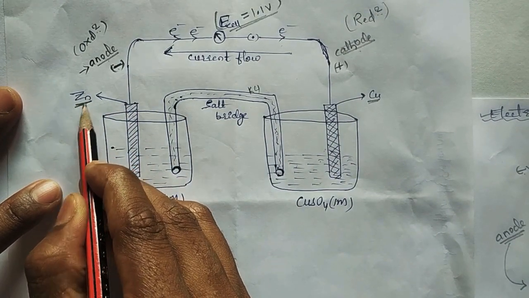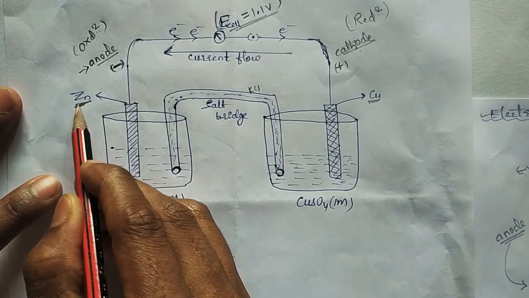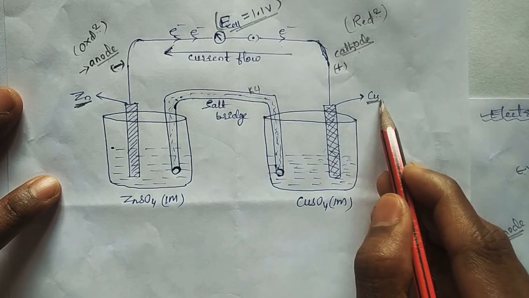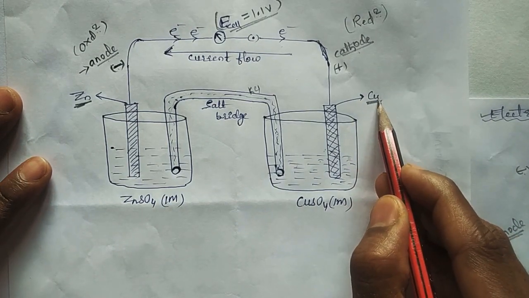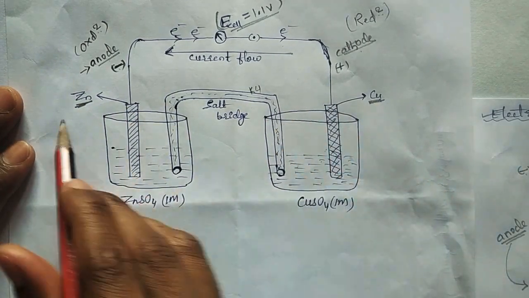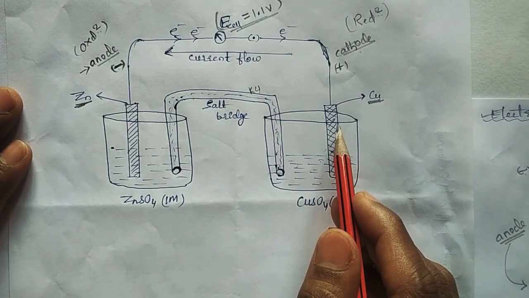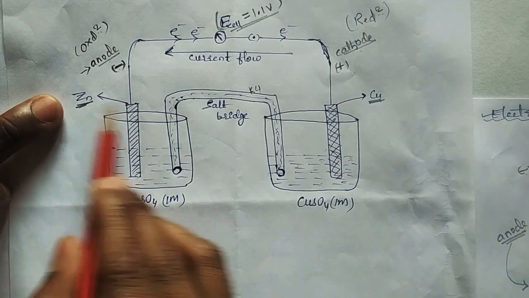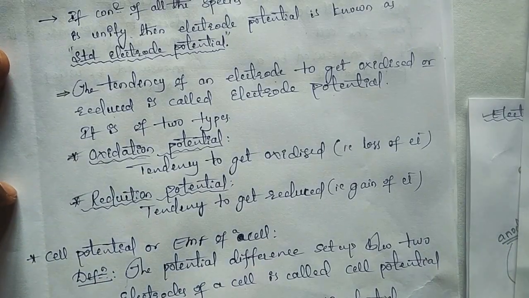Electrode potential of zinc or zinc electrode potential and copper electrode potential दोनों different है. When these two are connected with each other, then the potential difference between these two electrodes is known as cell potential.